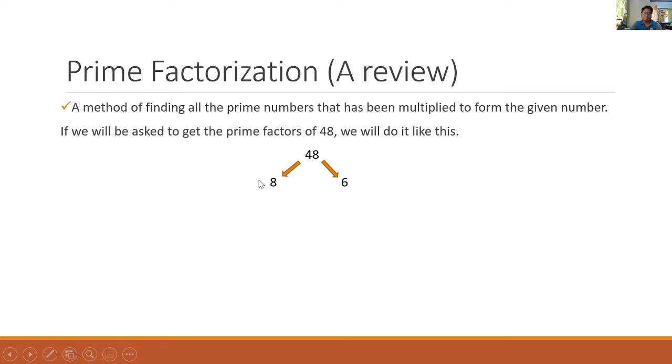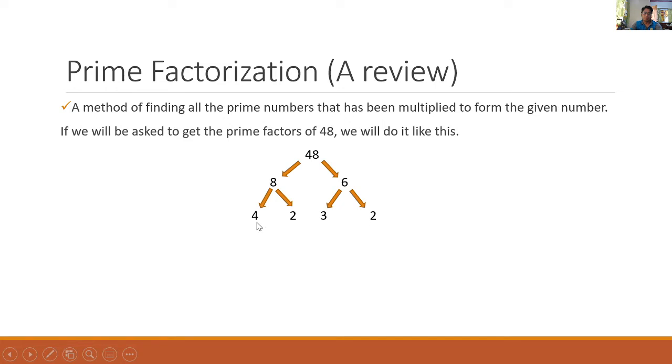If you multiply, 48. Now, we have to break down every factors hanggang sa ang factor na lang matira, 1 at saka yung number na yon. So for example, 6 has a factor of 3 and 2. Pero yung 3 at saka 2, wala na siyang ibang factor kundi 3 times 1 at saka 2 times 1. So these 3 and 2, these numbers are called prime factors na ng 6. How about 8?